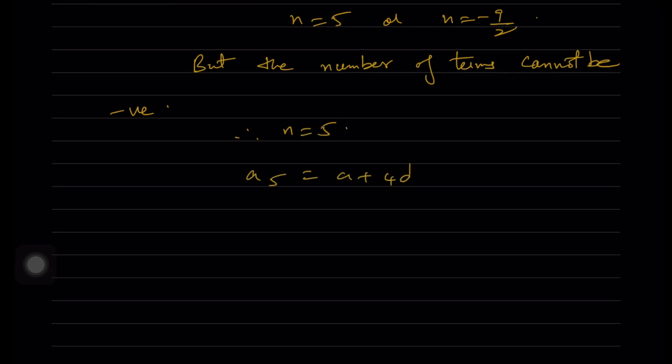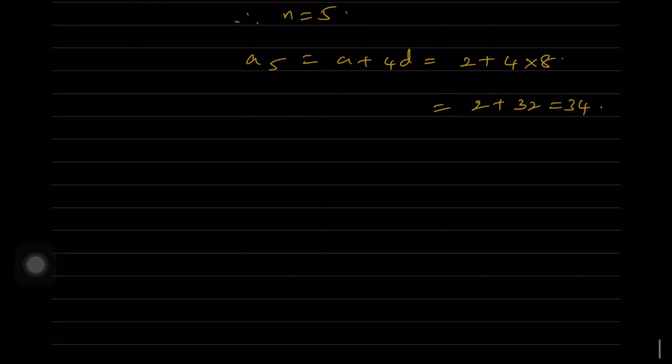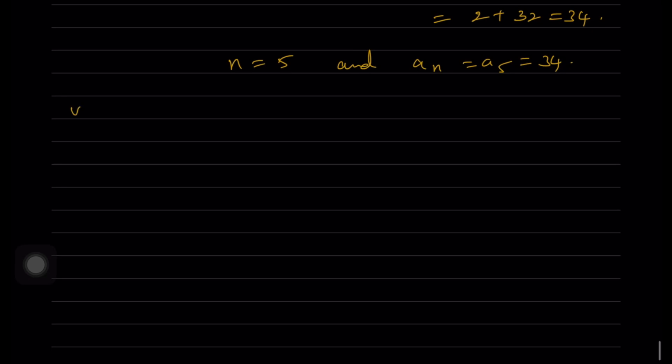Therefore a5 is equal to a plus 4d, which is equal to 2 plus 4 into 8. So 2 plus 32, which is equal to 34. That's the answer. We had to find out n and an, that is a5, which is equal to 34, not d. Okay. So now next, going into the next one, seventh one.